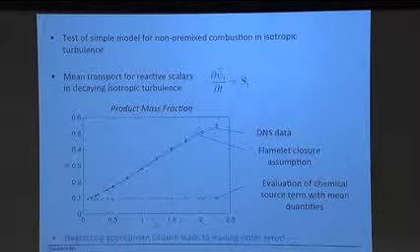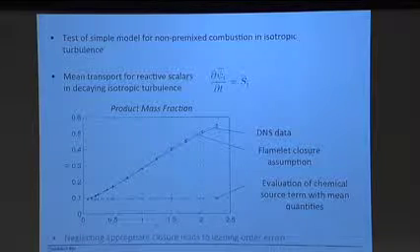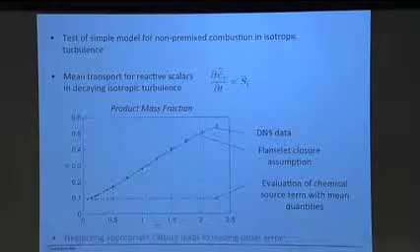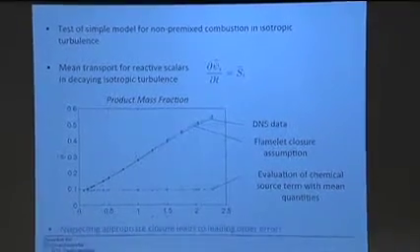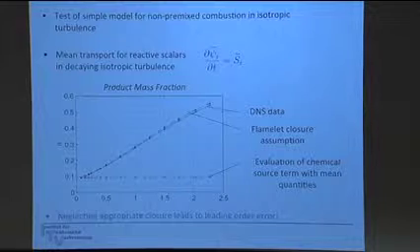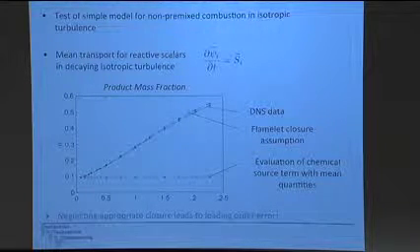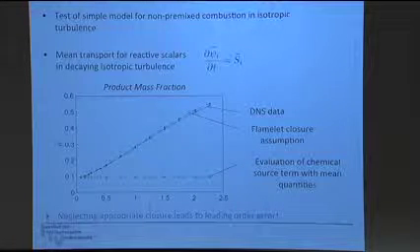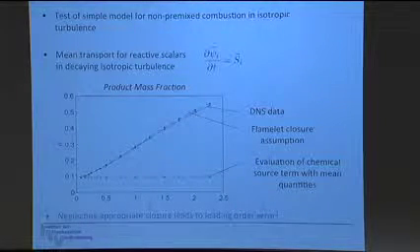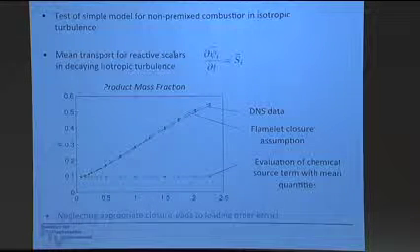What if I neglect all these correlation terms and evaluate the source term just with the mean oxygen mass fraction times the mean fuel mass fraction times exponential minus E over RT mean? That would be the simplest thing to do. Then you get this. Nothing happens in this box.